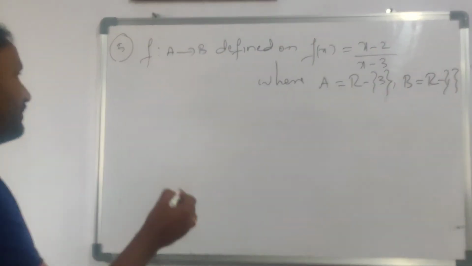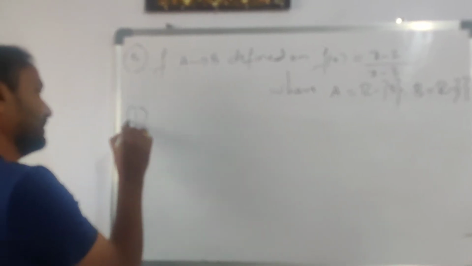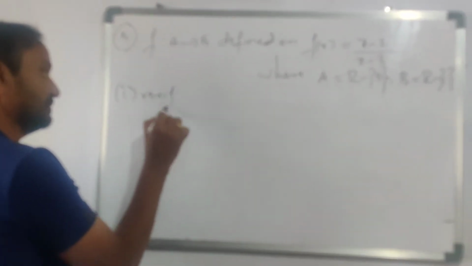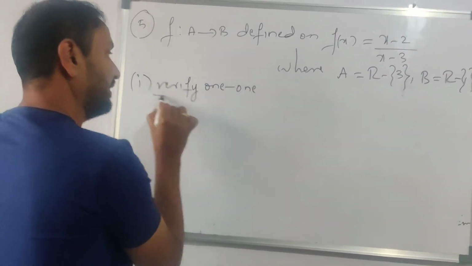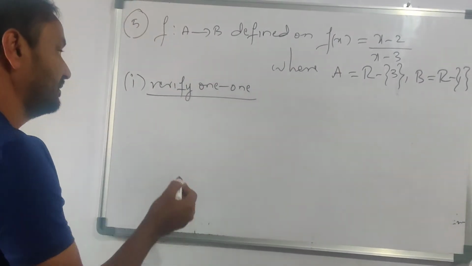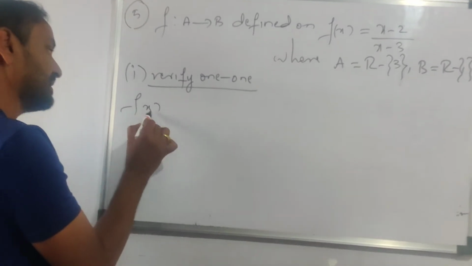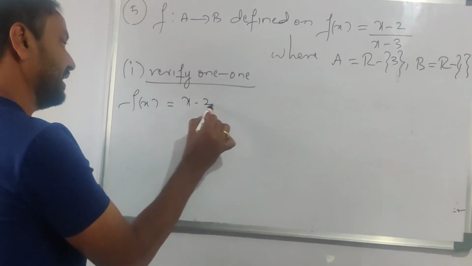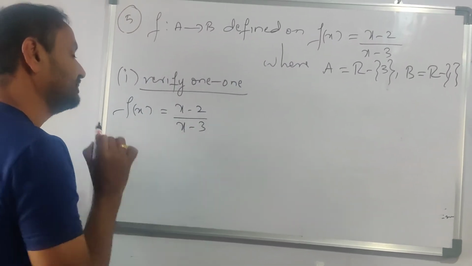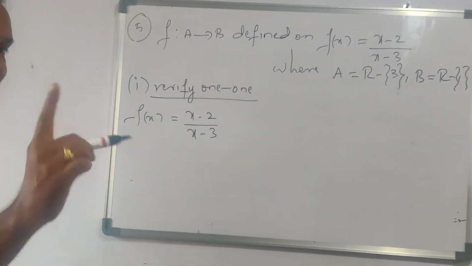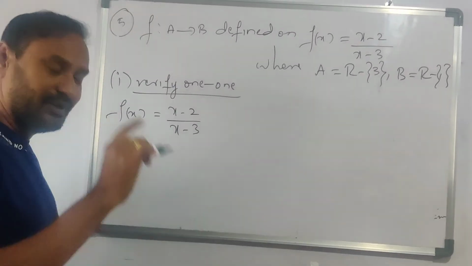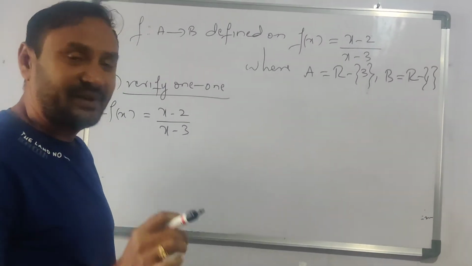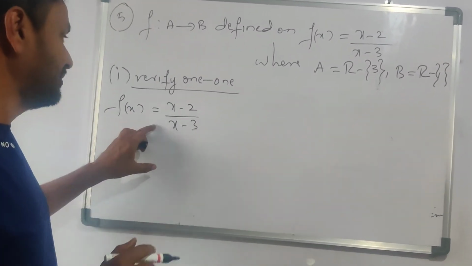Suppose I am taking first, verify 1-1 for the given function, f of x equal to x minus 2 by x minus 3. I am not taking a graph, I am taking a different method. There are many methods for verifying 1-1 and onto, so I am taking one of the methods here.